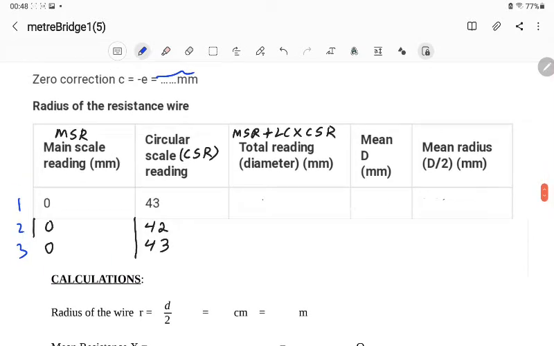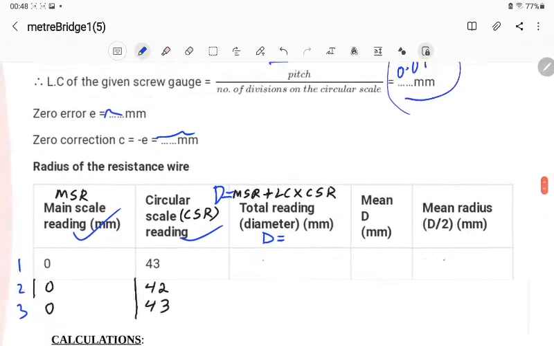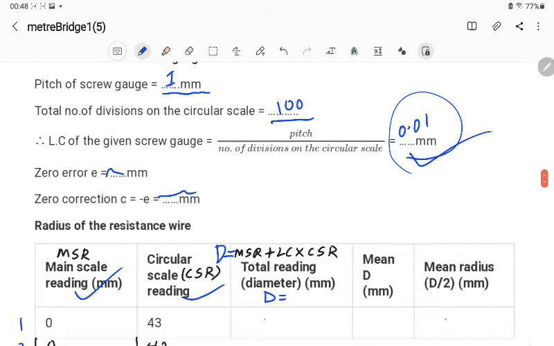So what is the total reading? That means diameter d equal to MSR plus least count into CSR. MSR is this one, CSR is this one, and least count is this one.